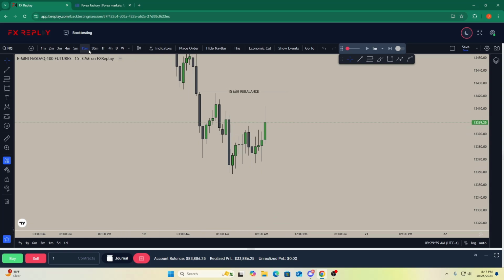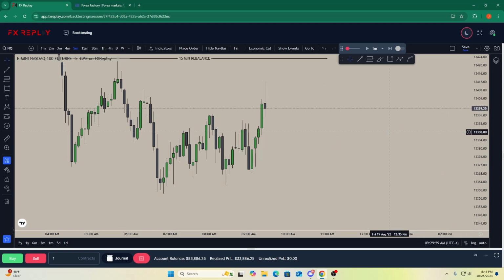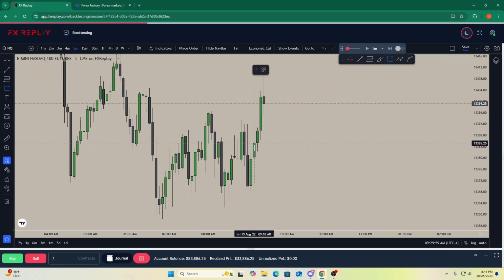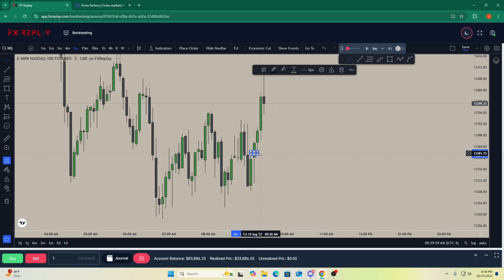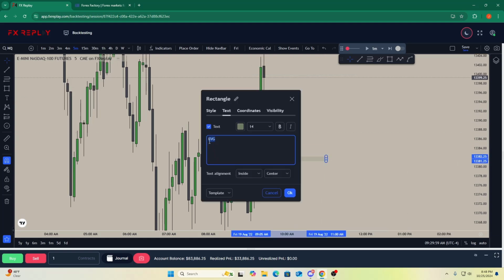We broke that 15-minute fair value up there. It would be super nice if we could trade back into these 5 minutes. Trade back into these unfilled 5s here. Obviously, the best case scenario is trade back into this discounted 5 here. But if we can't, then the first 5 will be enough for me.